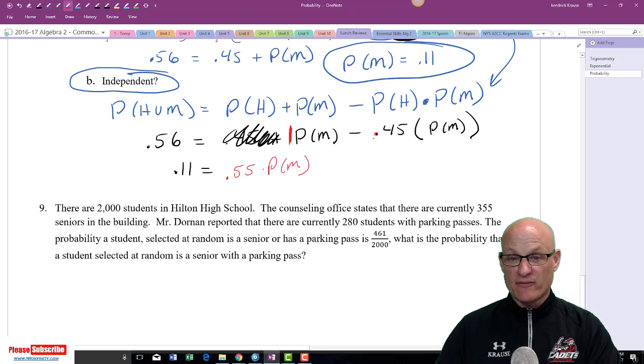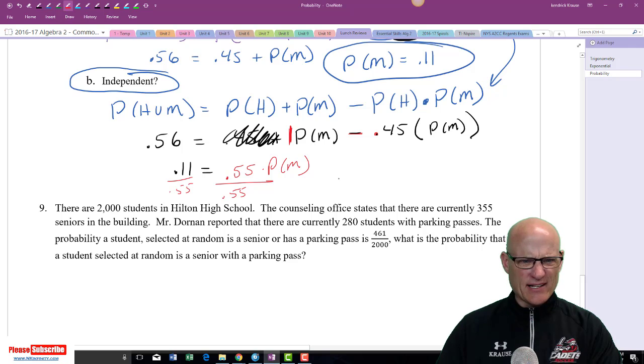So now I just divide by 0.55. And I think that's just 0.2. So 0.2 is equal to the probability of M.